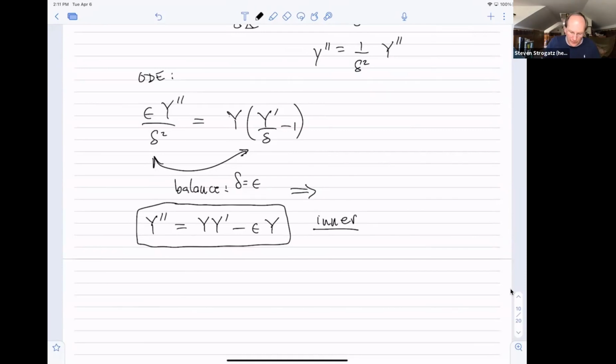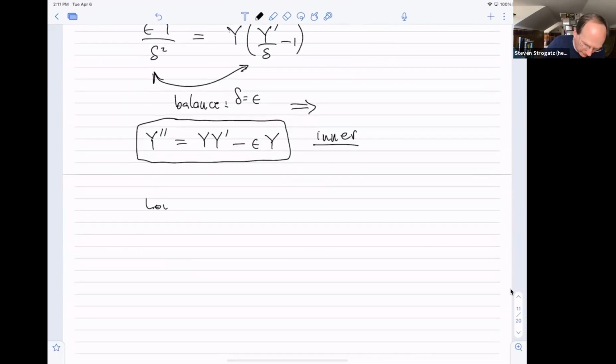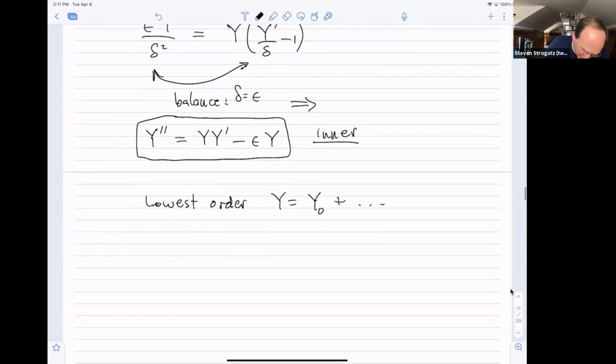And at lowest order, if I solve this, and Y equals Y0 plus stuff of order epsilon and higher, then Y0 satisfies this little equation.